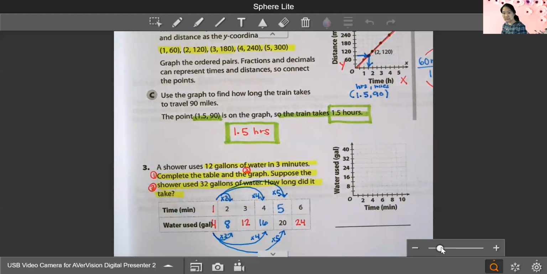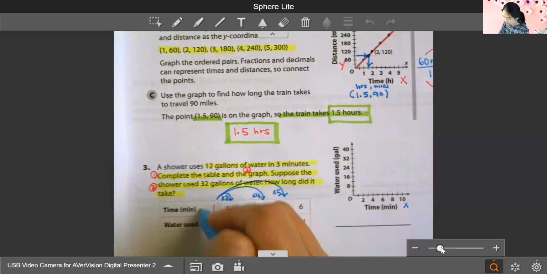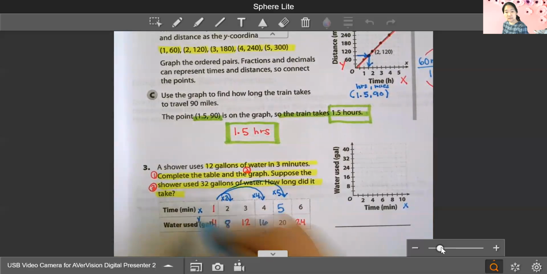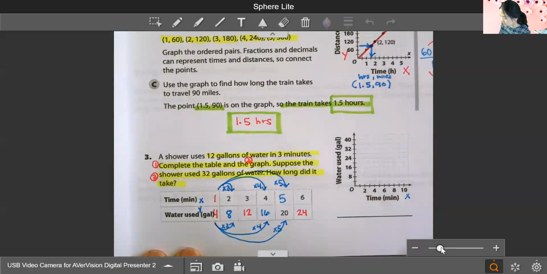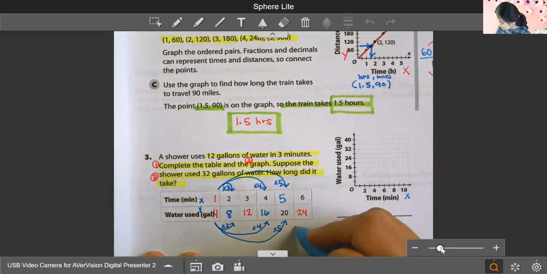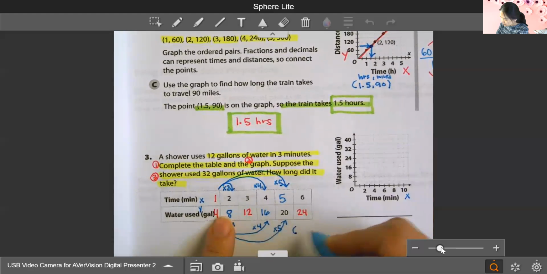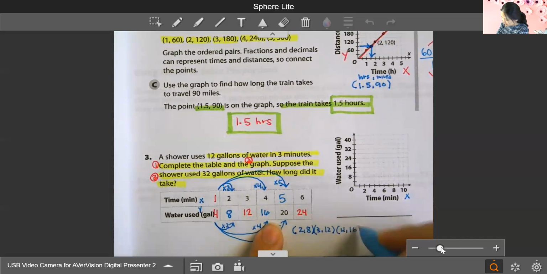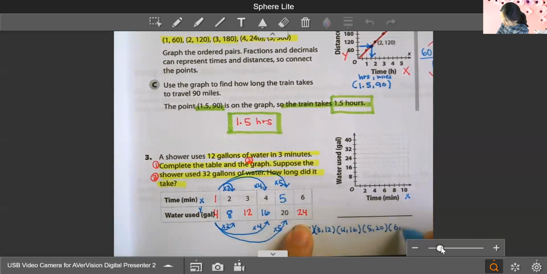Now I'm going to do the second one, so I'm going to graph it. I know that the time is my x coordinate, and water used is my y coordinate. So then my ordered pairs are going to look like this: 2, 8, 3, 12, 4, 16, 5, 20, and 6, 24.